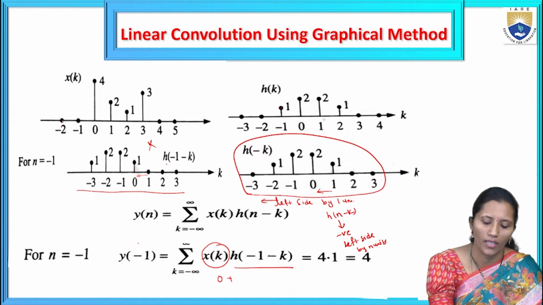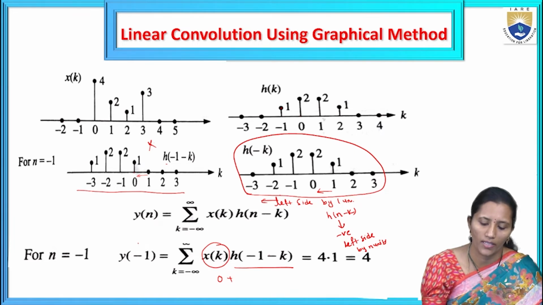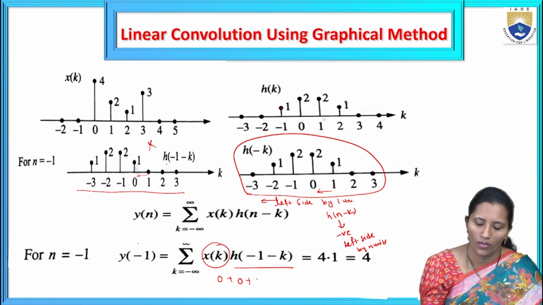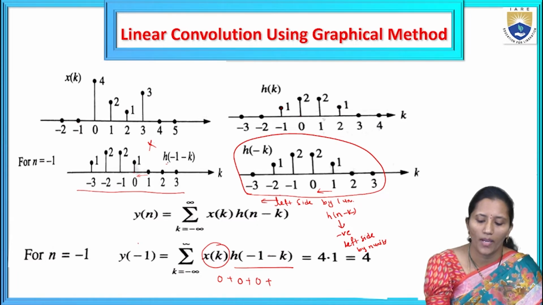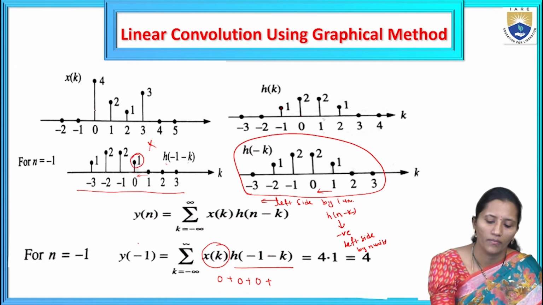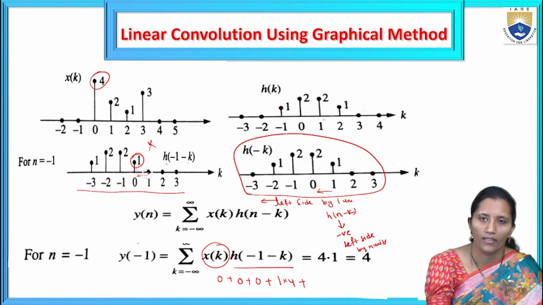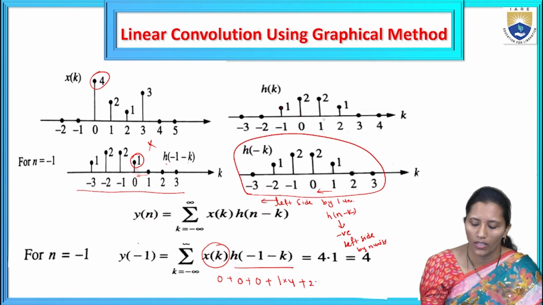Plus at minus 2, for x of k it is 0, for h of minus 1 minus k it is 2, so 0 into 2 is 0. At minus 1 for x of k it is 0, so 0 into 2 you will get 0. For h of minus 1 minus k the 0th sample amplitude is 1, for x of k it is 4, so 1 into 4, plus at 1, for h of minus 1 minus k it is 0, for x of k it is 2, so 2 into 0 is 0.